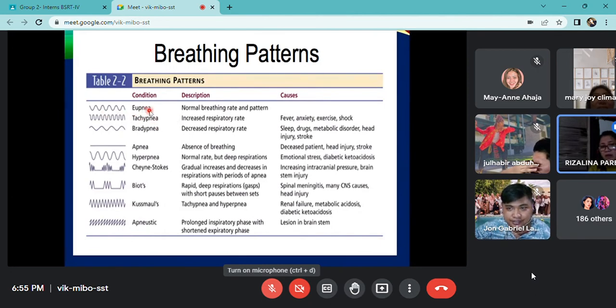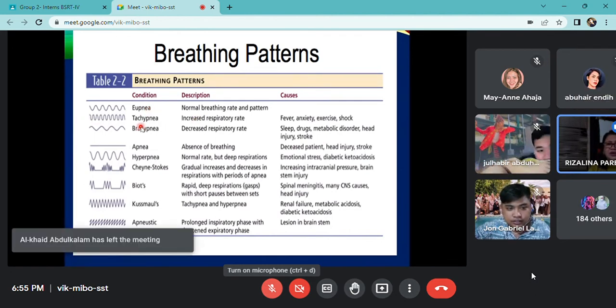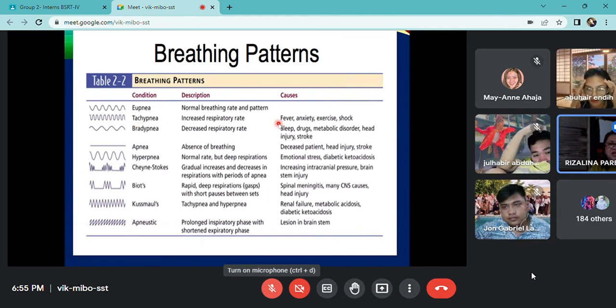So, eupnea, we all know, is a normal breathing rate and pattern. For tachypnea, there is increased respiratory rate, more than 20 breaths per minute. So when our patient has fever, is anxious, or from exercise, or due to shock, the patient will have tachypnea. It is just faster compared to the eupnea pattern.